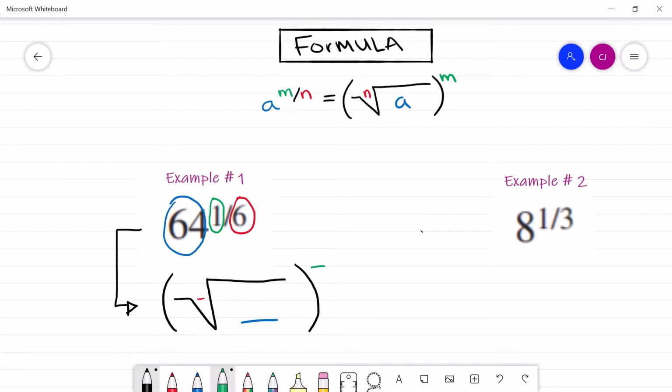So what I do, I just plug in whatever those values are. We know that 64 is going to be inside the radical, so that's going to be 64. We know that n is going to go inside of the root, so that's going to be 6. And then my m is going to go outside as the power.